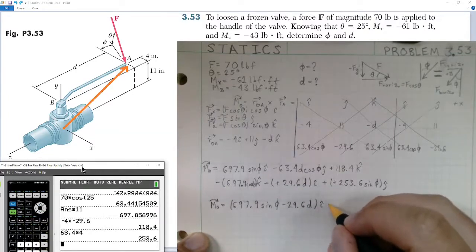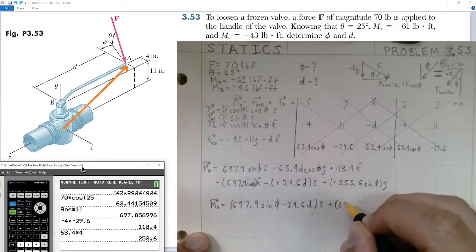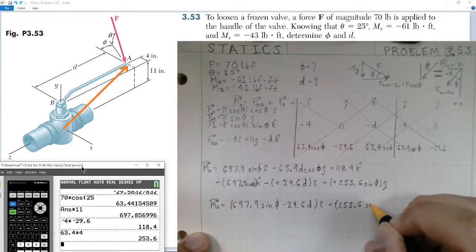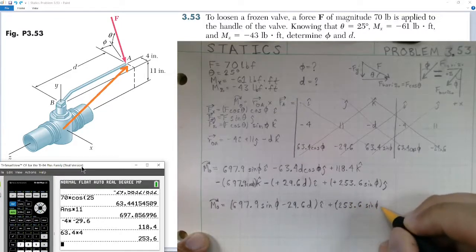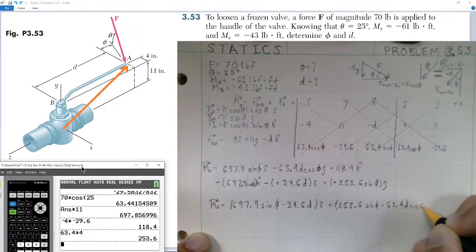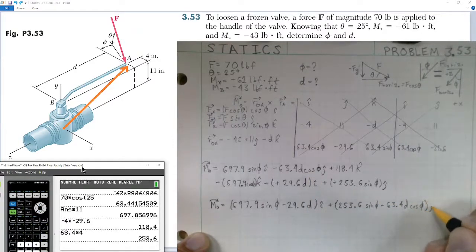Next we're doing j hat. In j hat we have this positive value, 253.6 sine of phi minus 63.4 D cosine of phi, right here in the j hat.